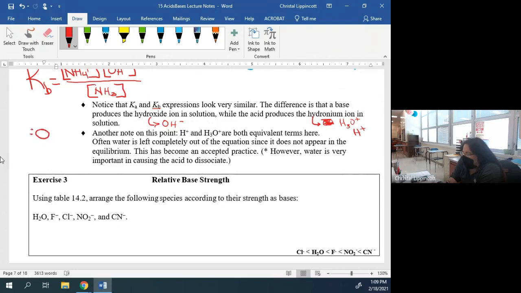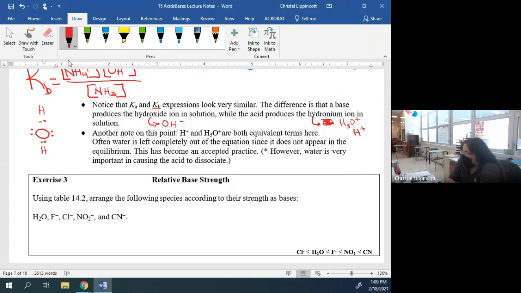Water has those two lone pairs of electrons. We have a hydrogen here with a shared electron from the hydrogen, then we have another hydrogen here with the electron from that. Then we have an H plus that's come along.